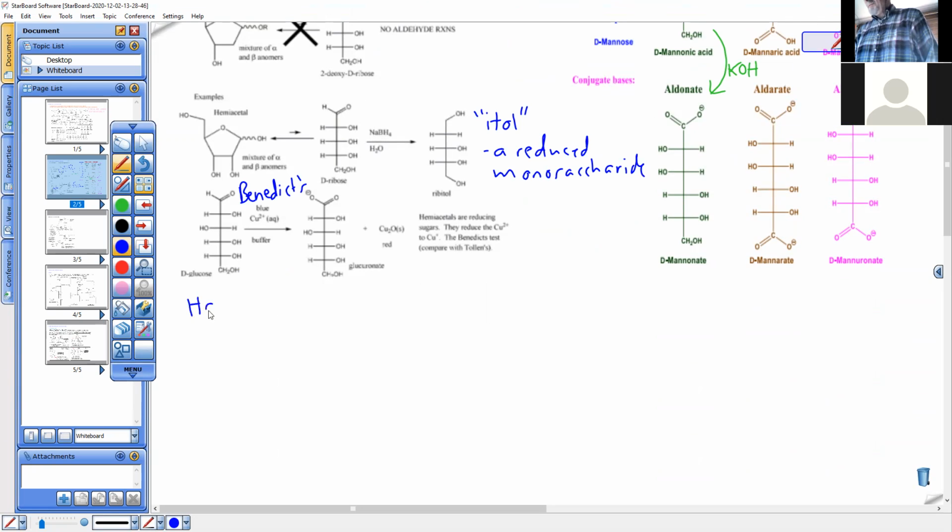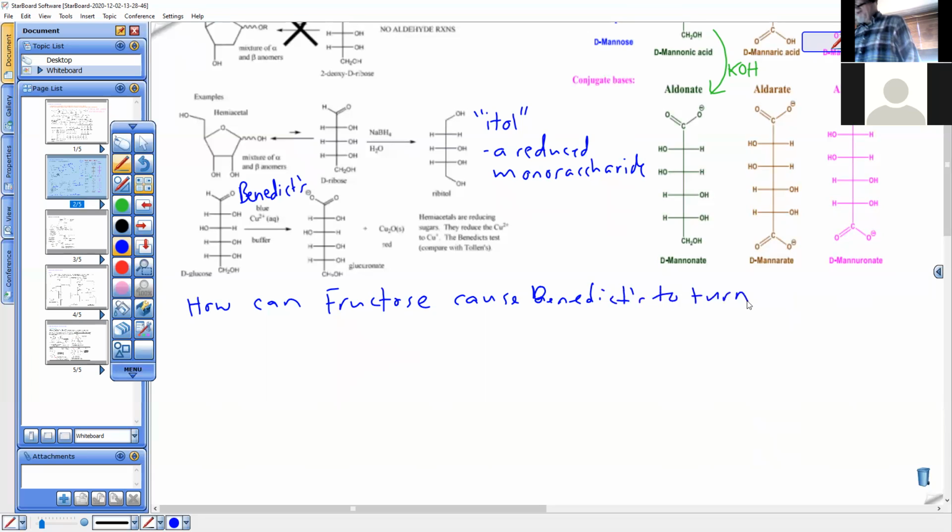How can fructose cause Benedict's to turn red, which is the color after the reaction's over? You took a blue chemical.